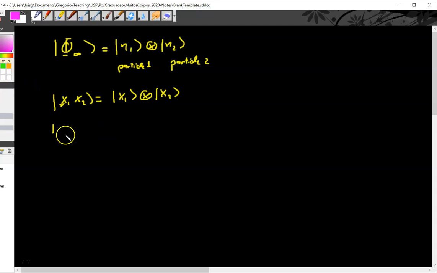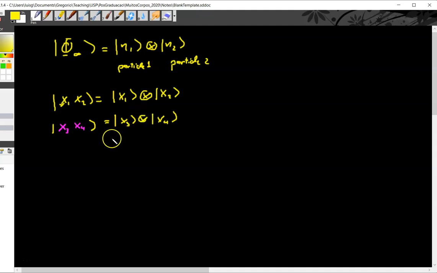Let's write this x3 and x4, right? Just to confuse you. This would be x3 and x4, but this is only a two particle state.